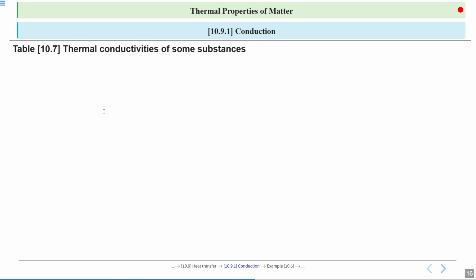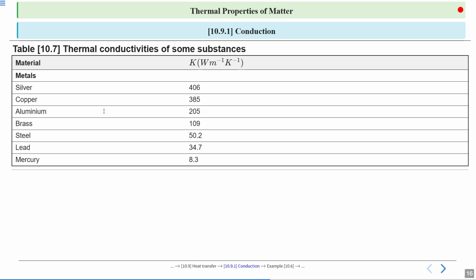Table 10.7, thermal conductivities of some substances. There are some materials. First is metal, and their thermal conductivity values, the value of K, unit watt per meter per Kelvin. For silver, the value is 406. For copper, the value is 385.